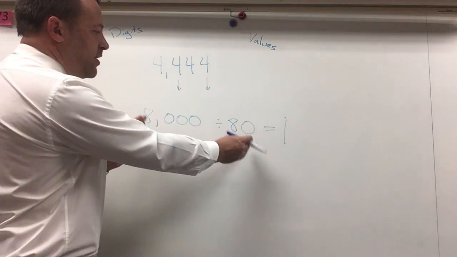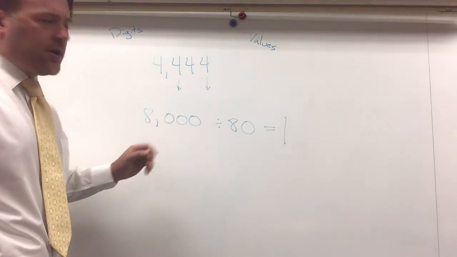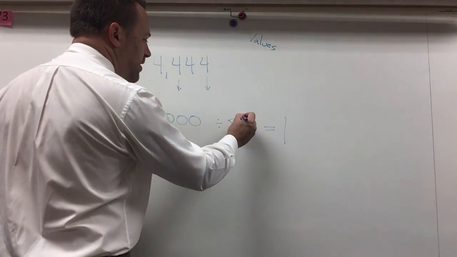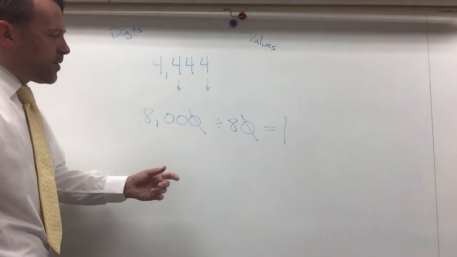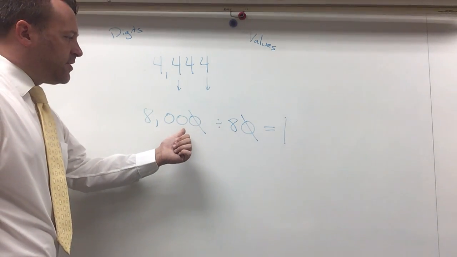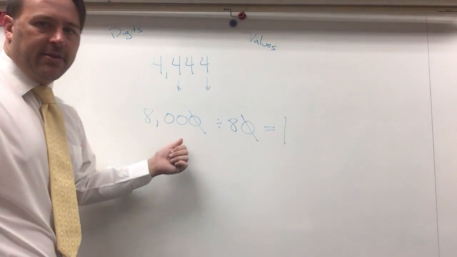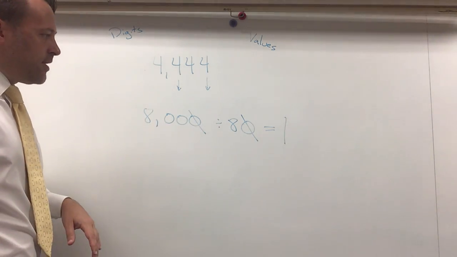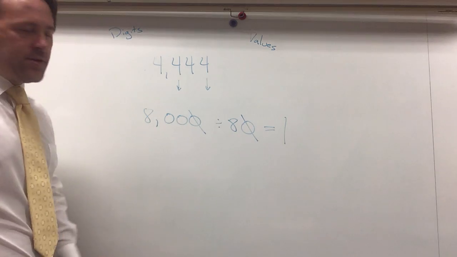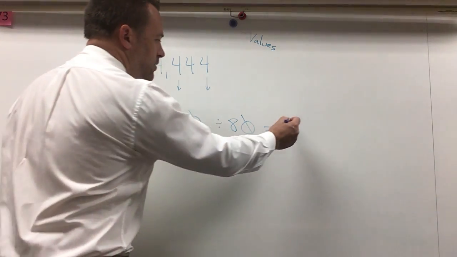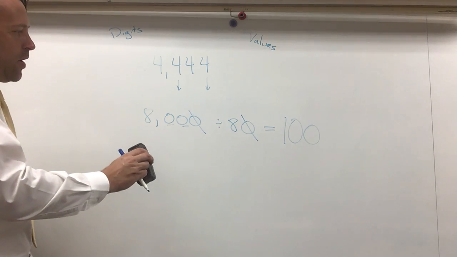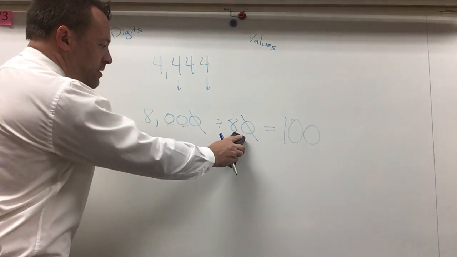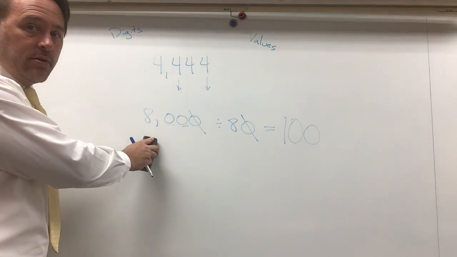Now I have zeros on both sides, so we're going to do what's called a cancel out. I'm going to actually get rid of this 0 here. I'm going to get rid of the 0 on the end there, okay? Because if I have a 0 and a 0 on both sides, they take care of each other. What do I have left? 2 zeros, okay?